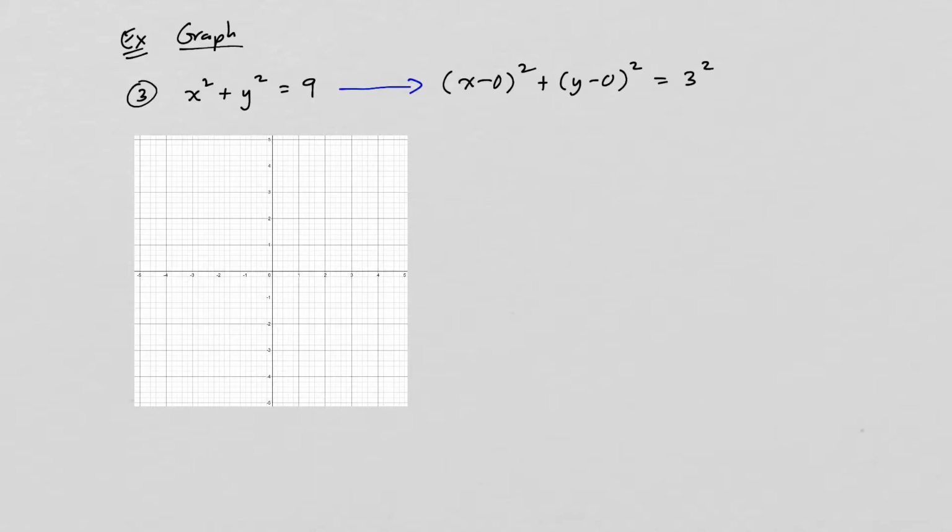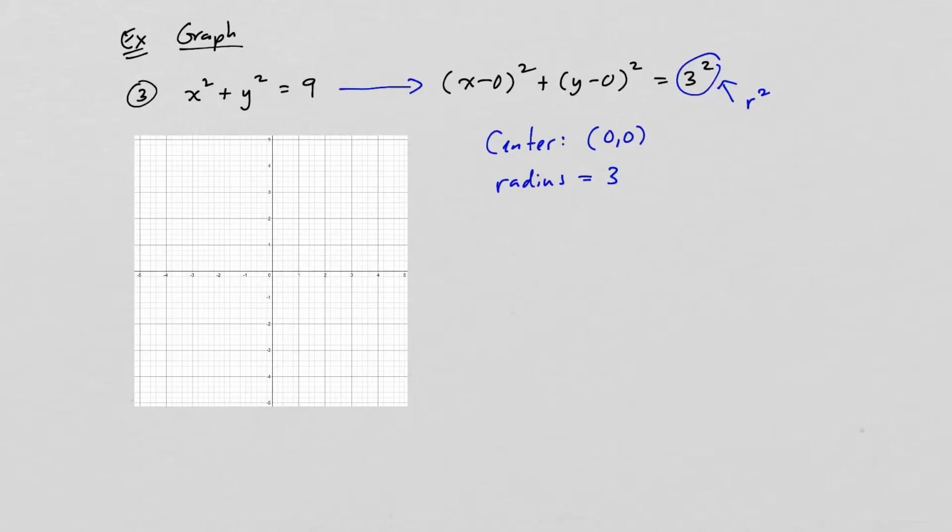And as soon as you realize this, you can easily identify the center of this circle is 0, 0, and the radius of this circle is equal to 3, right? Because again, this is r squared. R squared is 9, or 3 squared, so r is 3.